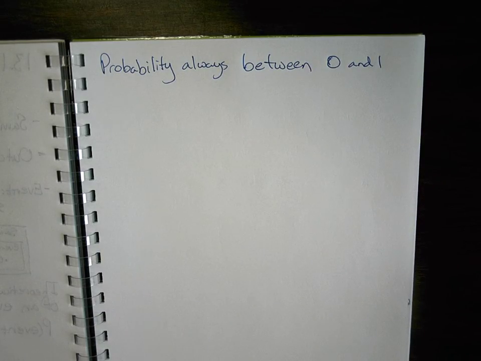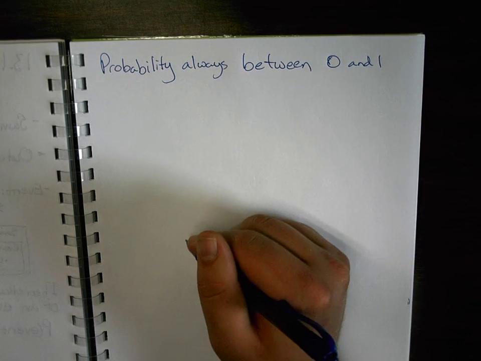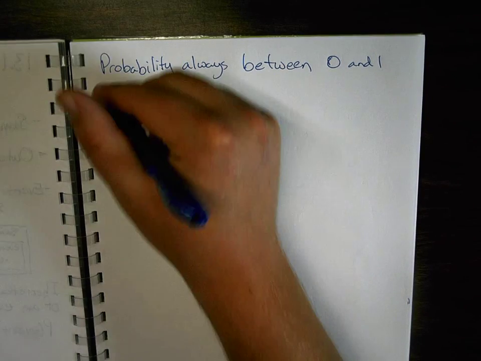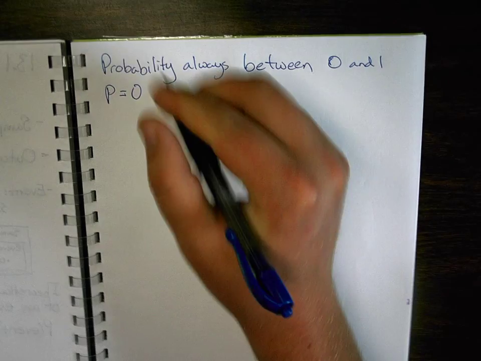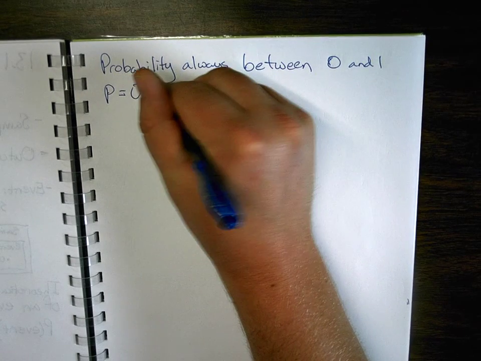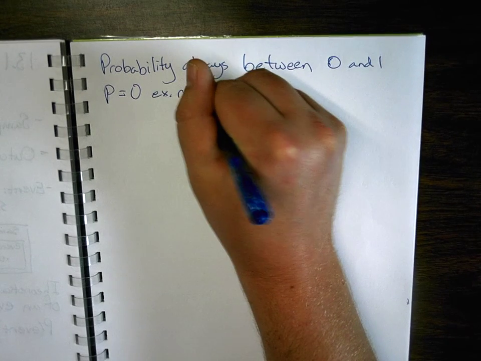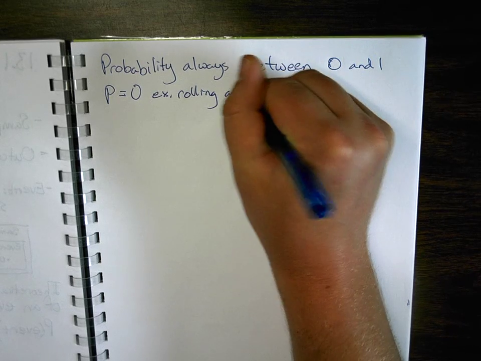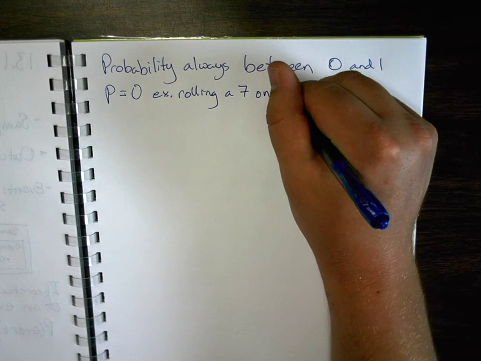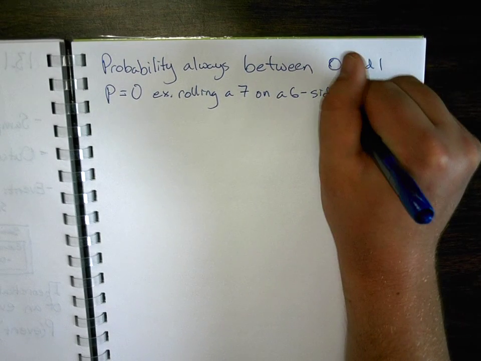It would be 0 because there's no 7 there. There's no 7 in my total amount of outcomes. So my probability can equal 0. For example, rolling a 7 on a 6-sided dice.